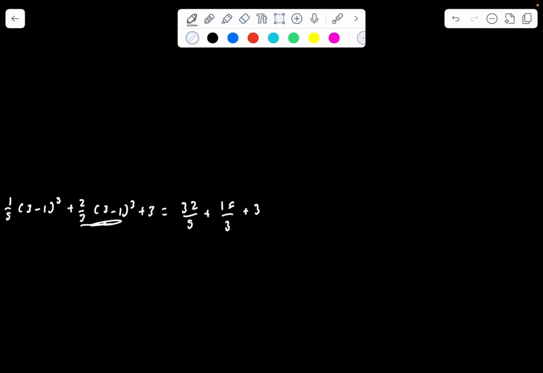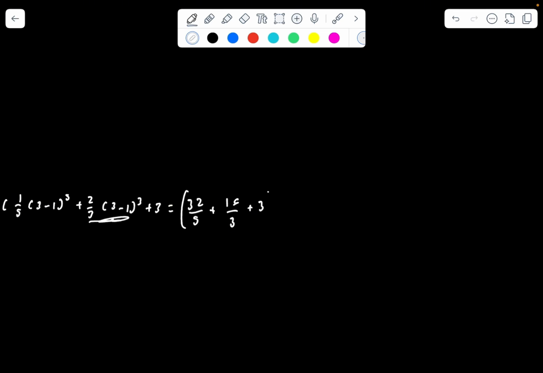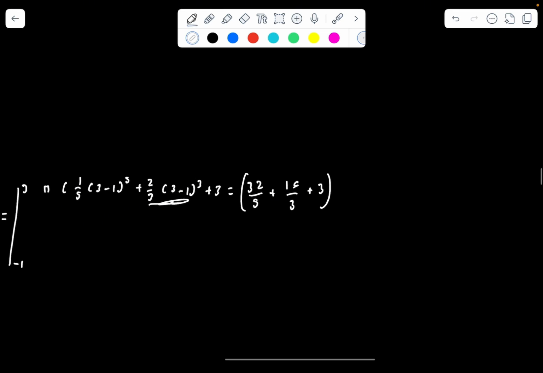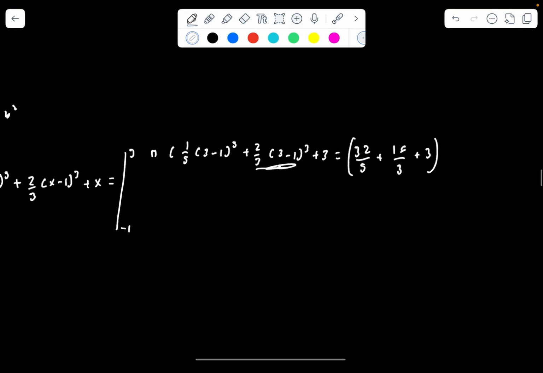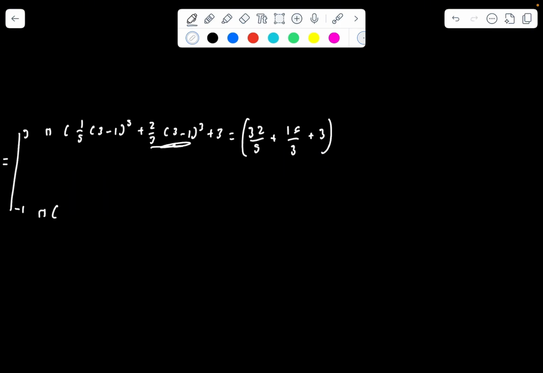So this is one of them right here total. And to find our second evaluation here, it's going to be the same exact thing. So now I'm going to do pi times 1/5 (negative 1 minus 1) to the 5th plus 2/3 (negative 1 minus 1) cubed plus 4 times negative 1.